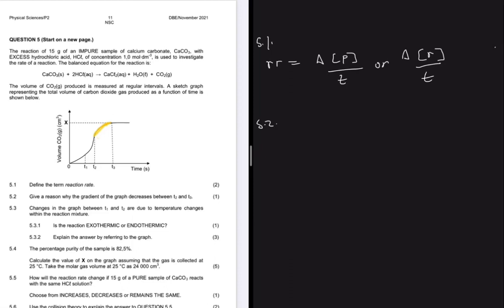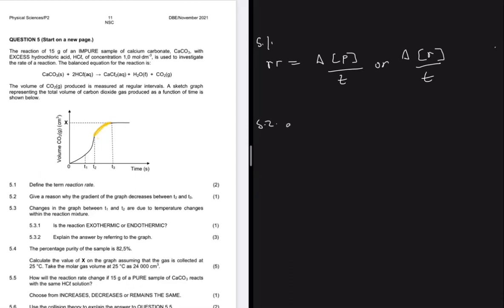Because now we are at T2 and we're going to T3, the amount of the reactants is getting depleted, right? So from T2 to T3, the gradient is decreasing because the amount of the reactants is getting depleted and the reaction rate is going down, right?